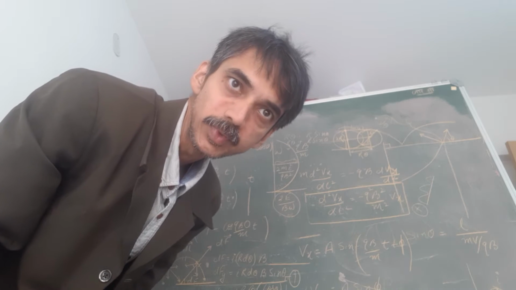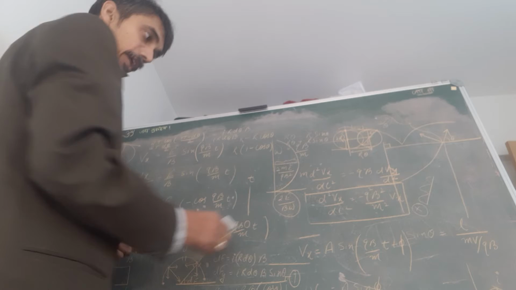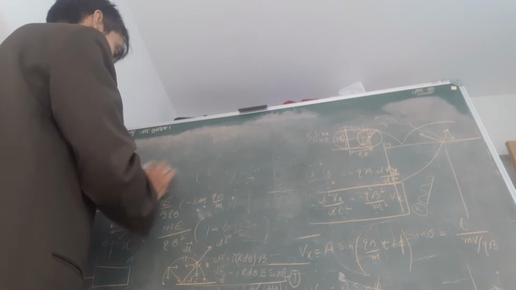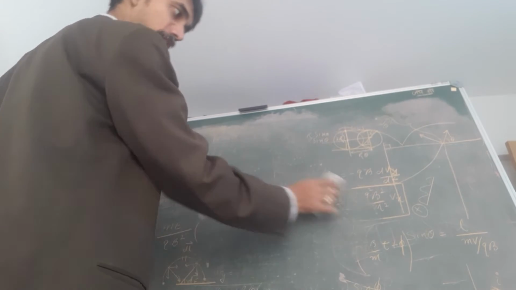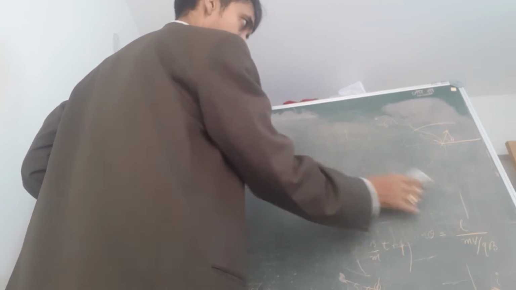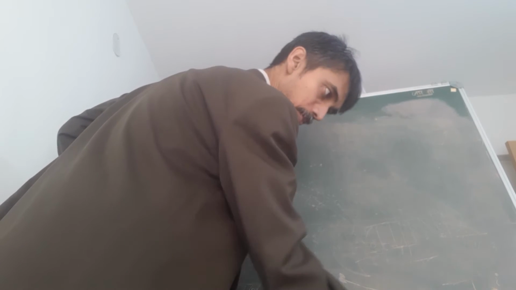Hello all of you. Today we'll learn about rotational mechanics, a very important concept: how to relate L, the symbolic representation, or we can say the acronym, for angular momentum.